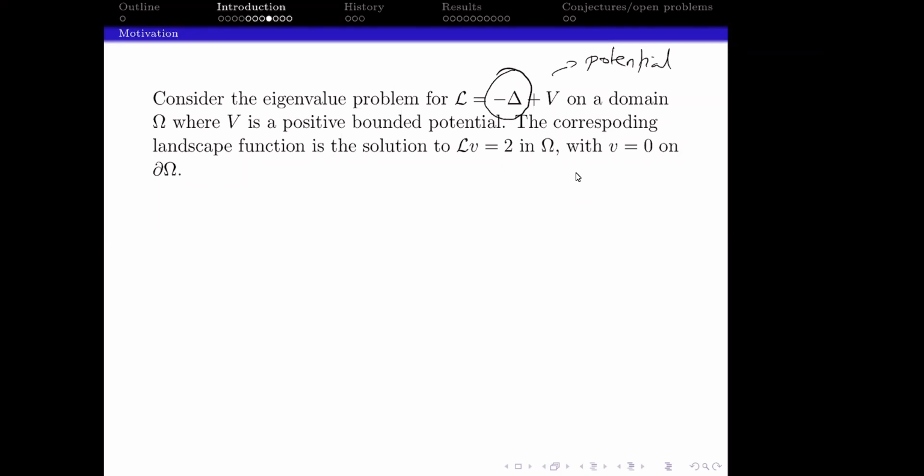And similar to the Laplacian, one can define the landscape function for this operator L. We define it as the solution to L u equal to 1 in omega, with zero boundary conditions.